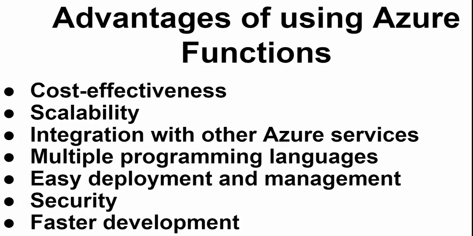This makes it easy for developers to manage and monitor their application. Sixth, security. Azure Functions provides built-in security features such as automatic encryption of data at rest and in transit, role-based access control, and integration with Azure Active Directory. Seventh, faster development. With Azure Functions, developers can focus on writing code rather than managing infrastructure. This can speed up development and deployment times and allows developers to iterate more quickly.